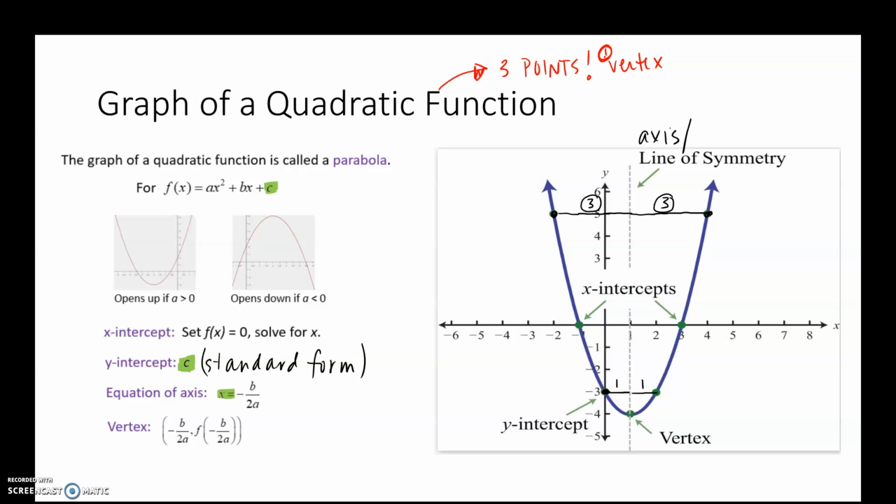It depends on maybe if it's given in standard form, you could find the y-intercept. We talked in the last video, the y-intercept couldn't be graphed. Given the graph here, I can only go up as high as y is equal to 6 and as low as y is equal to -5. So you have to be aware of the limitations. But first and foremost, you have to graph the vertex on a quadratic.